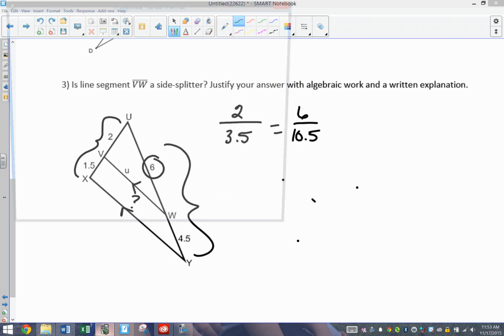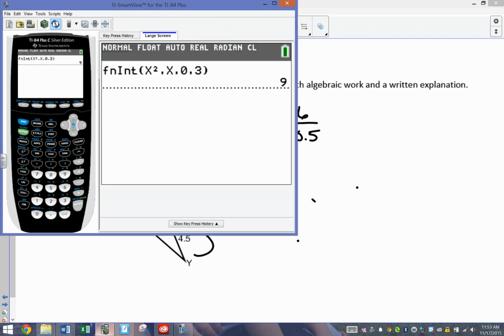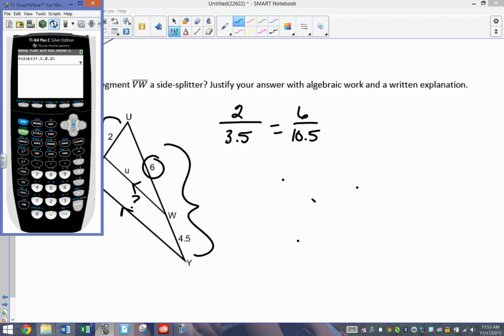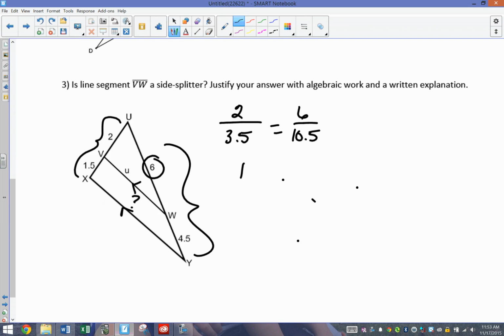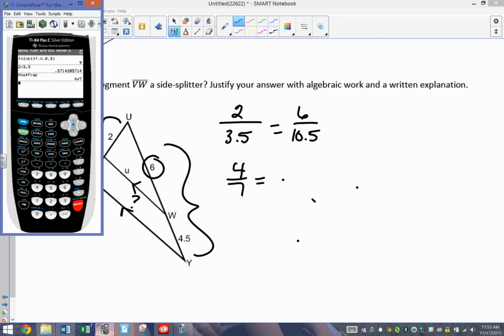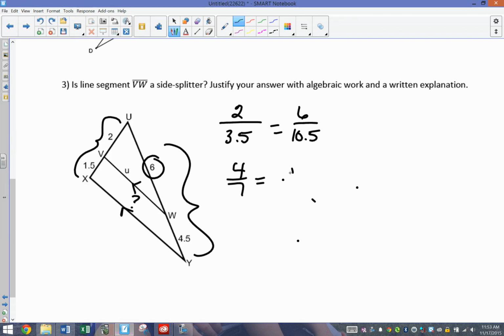I have 2 to 3.5 and 6 to 10.5. So 2 divided by 3.5 is that number. I'm going to math frac it to get a fraction here. That's 4/7. And then I'm going to look at 6 to 10.5 and math frac that as well and get 4/7.